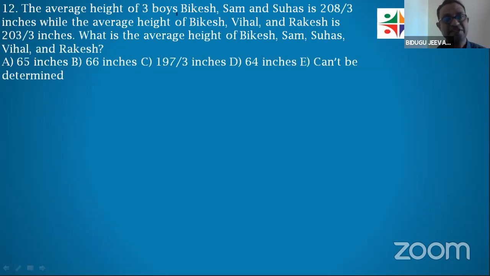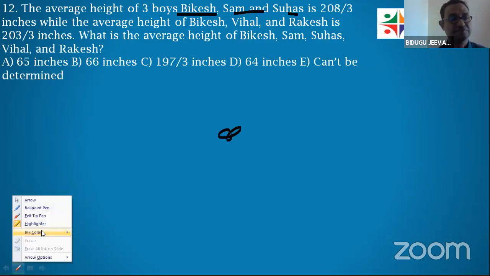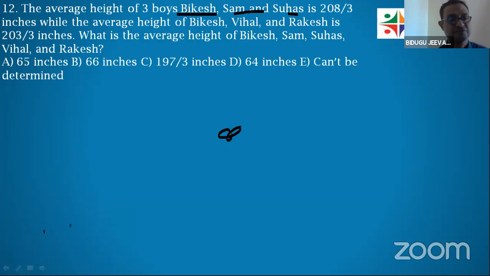Okay. Average of this Bikesh and Suhas, the sum is given as 203. Fine. So great.